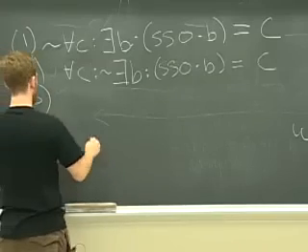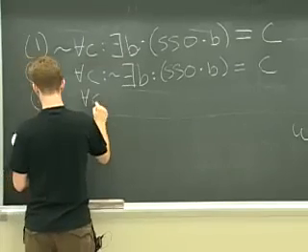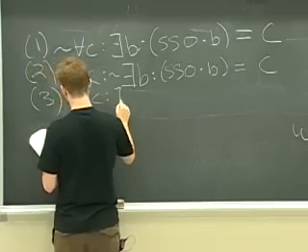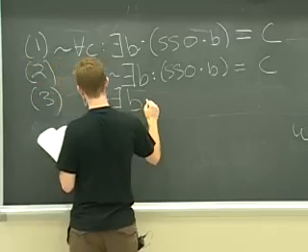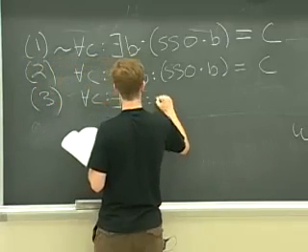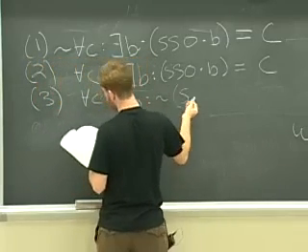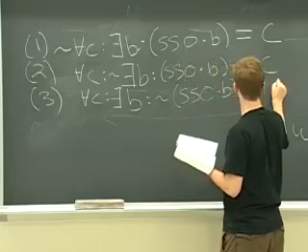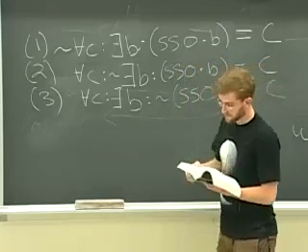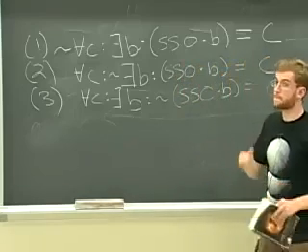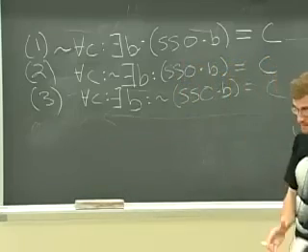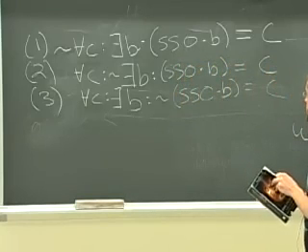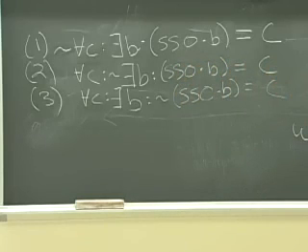3. All right, so now let's try this. For every C there exists a B, damn it, tilde, I mean, SS0 times B equals C. For every C, there exists a B that is not 2 times B equals C. Okay, and is that true or false?